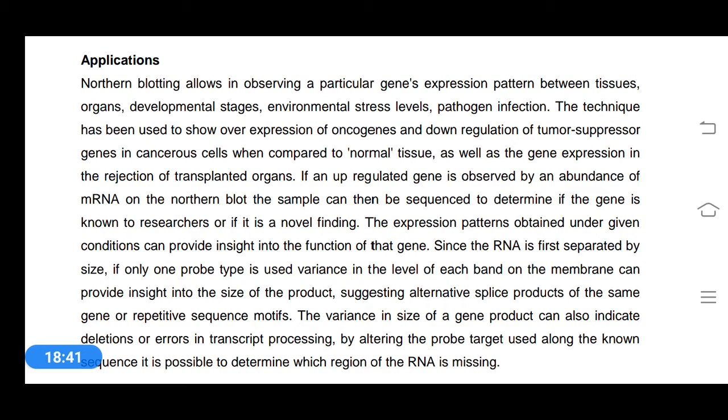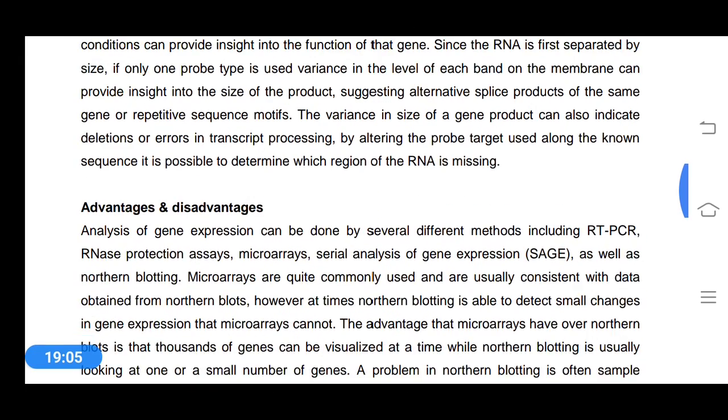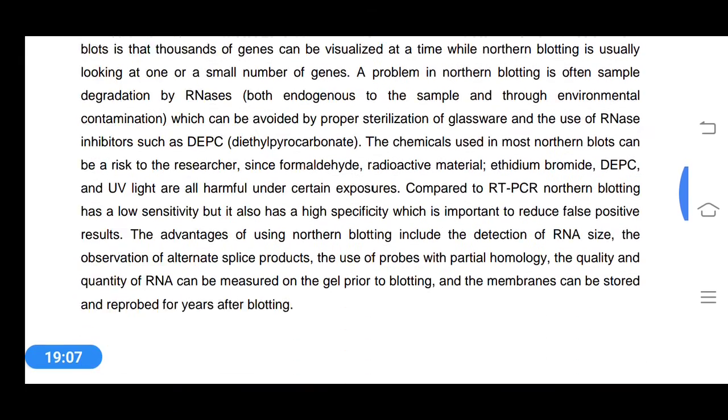Deletions and errors can also be identified using northern blotting. By altering the probe target along the known sequence, it is possible to determine which region of the RNA is missing. Gene alterations, gene deletions and errors can also be identified. Now let's see advantages and disadvantages.